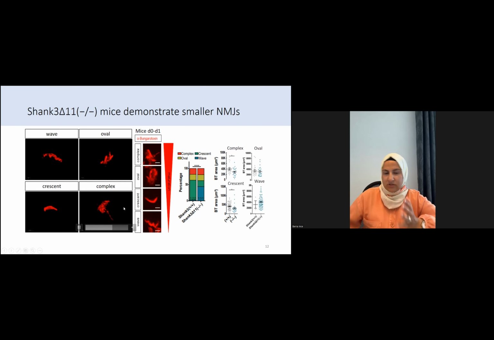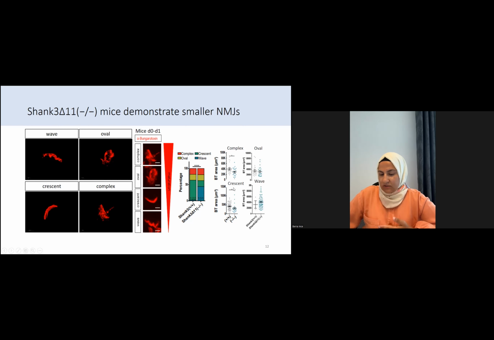So the complex form is the more mature structure. And in SHANK3 knockout mice, the categorization pattern was considerably altered. So SHANK3 knockout mice of all ages demonstrated a smaller bungarotoxin area, here especially for day 0.